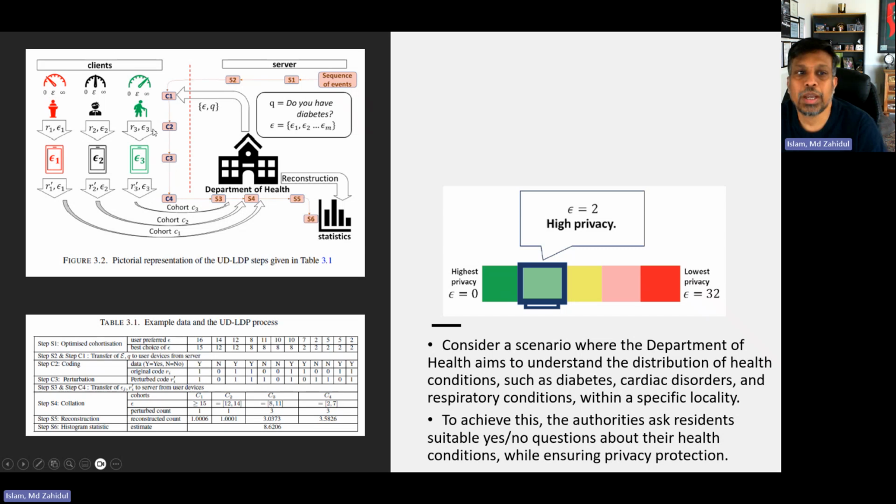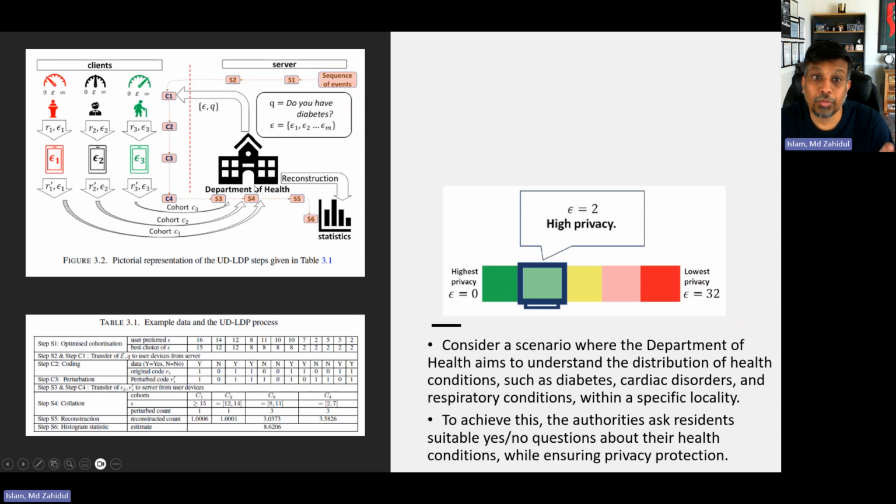So that means the answers of the participants choosing a very lower epsilon value will be heavily noisy, heavily modified. And the higher epsilon value means the amount of noise added to the original response will be low, will be less, and therefore the data will be more useful.